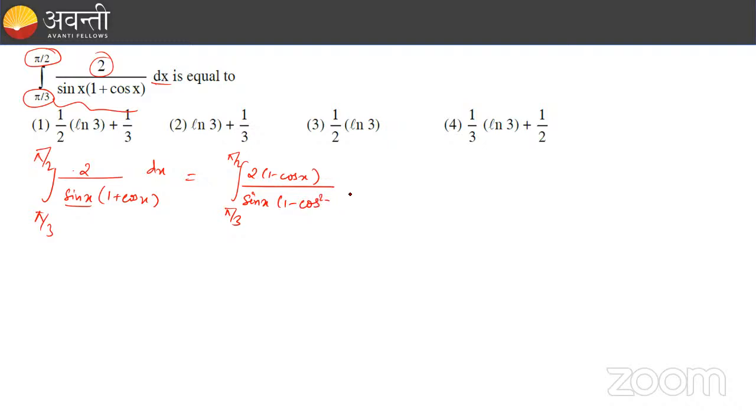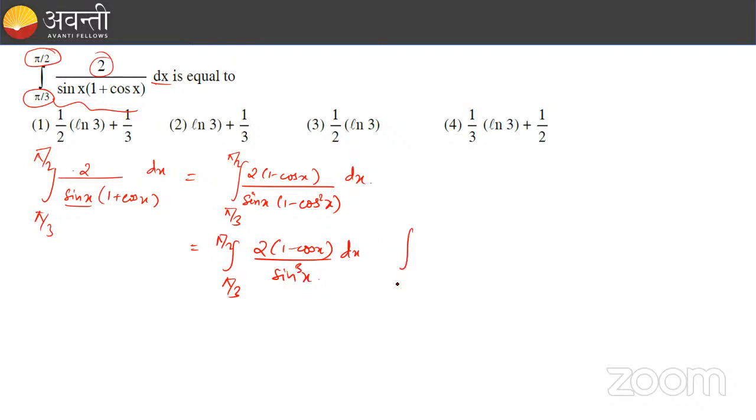This becomes 1 minus cos square x. So here we can write pi by 3 to pi by 2, 2 into 1 minus cos x upon sine cube x dx.